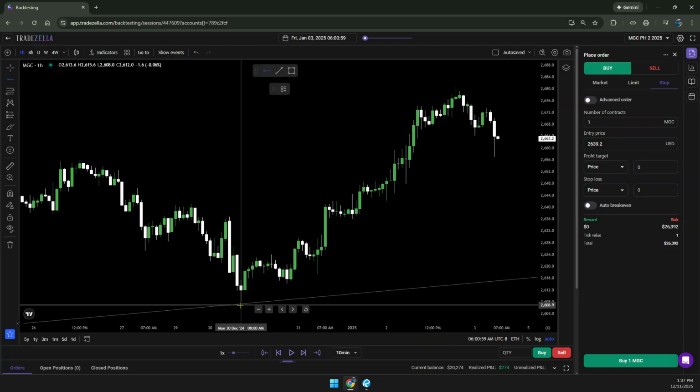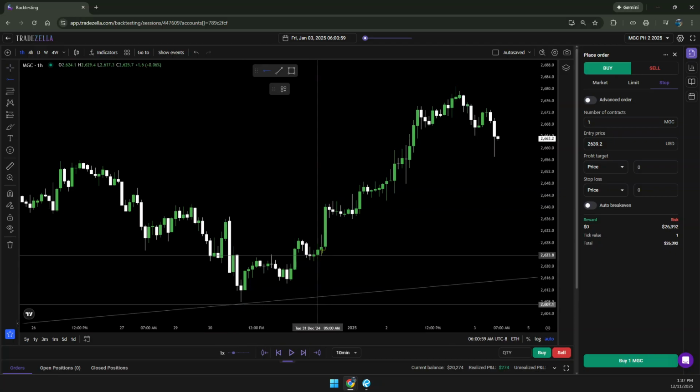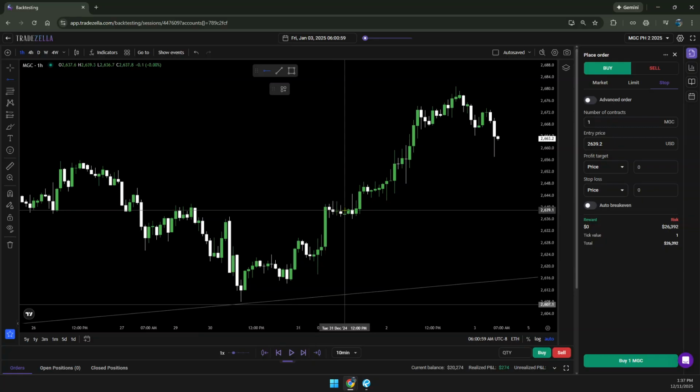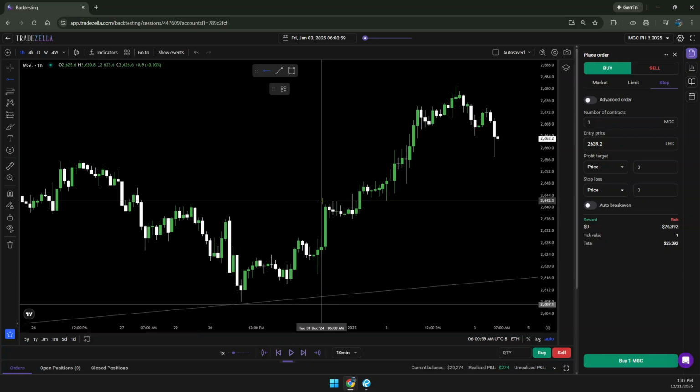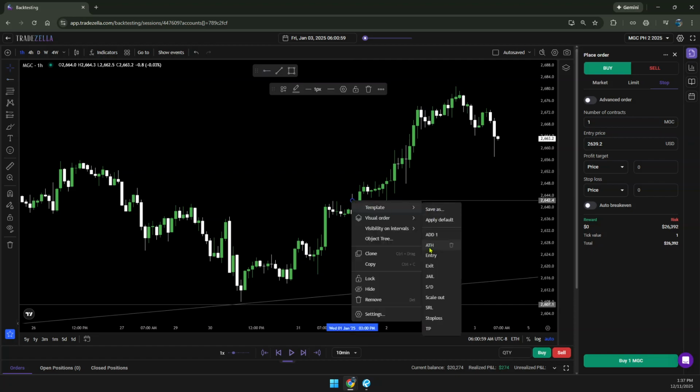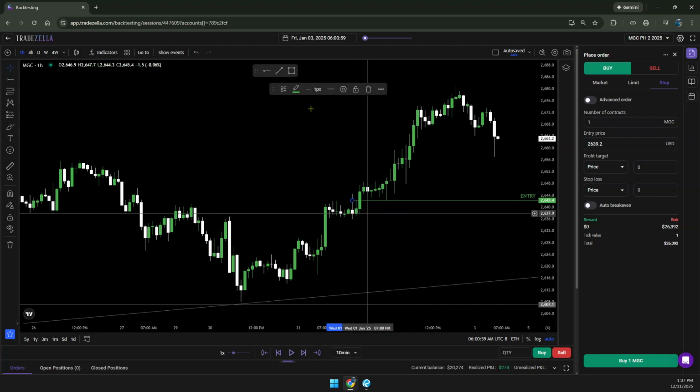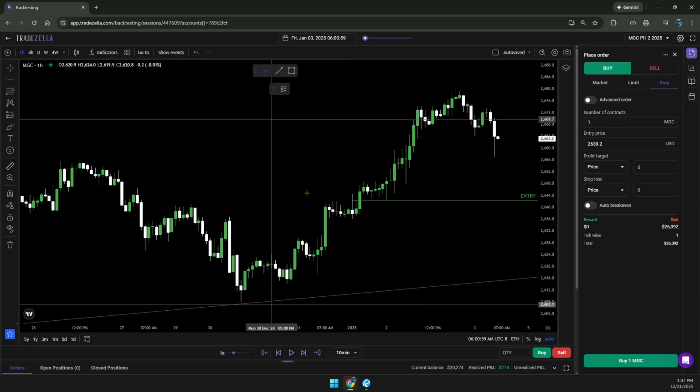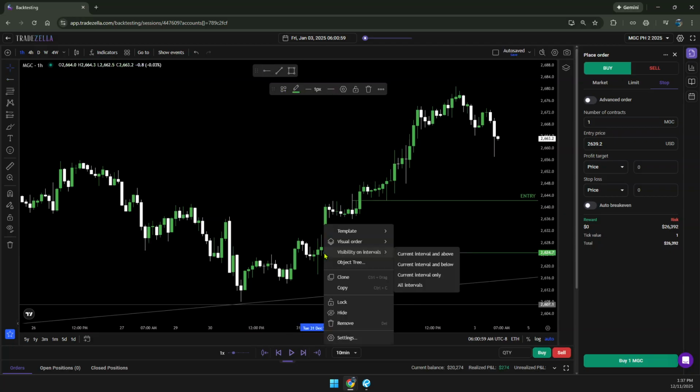So remember I was looking here for the entry. We had this little bump, and I set my entry at the top here. So that was my entry. I had my stop loss here.